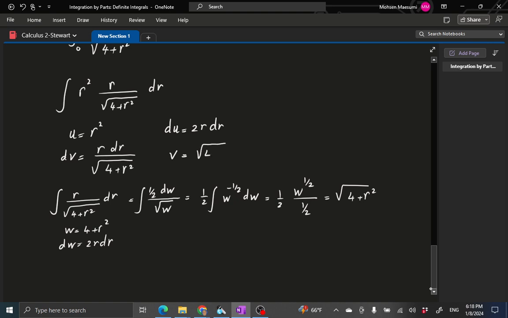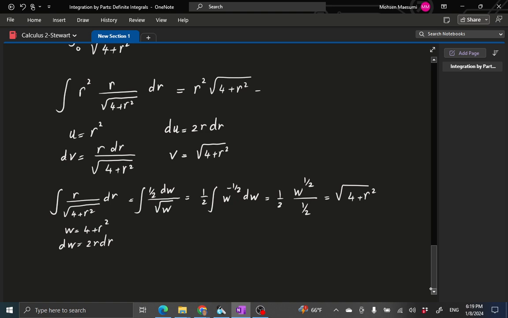is, after all that works, so we have an integration problem inside another integration problem. Now what do I have? u v, so that's going to be r squared times radical 4 plus r squared, minus the integral of v du.